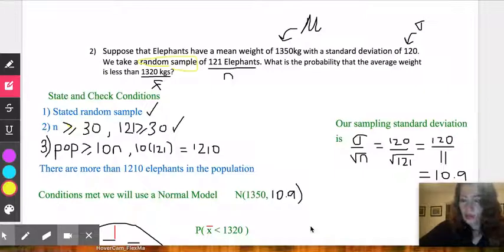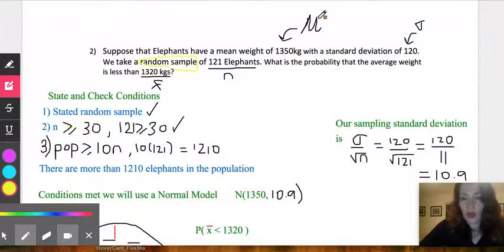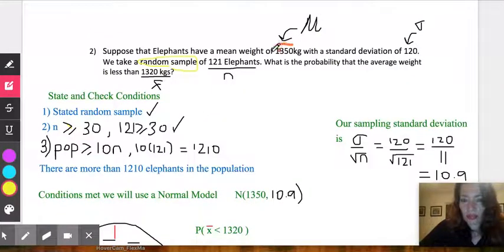Okay, so first let's point out what is our population mean and what is our sample mean. Taking a look over here, we can see that 1,350 kilograms is our population mean, so our mu. And the standard deviation is given as 120.